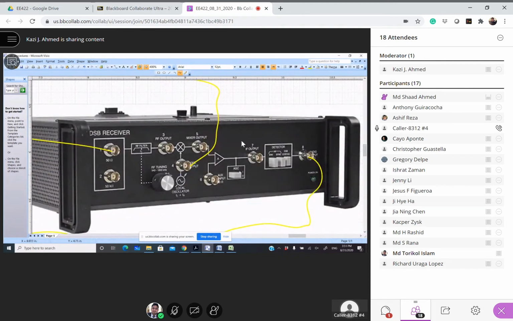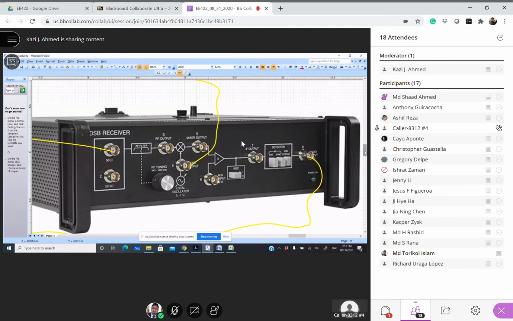What we do with this is change the frequency of something called the local oscillator, meaning we are creating another frequency on the receiver side, just like the carrier. On the generator side, we create the carrier frequency. On the receiver side, we create something similar, but it is called the local oscillator.